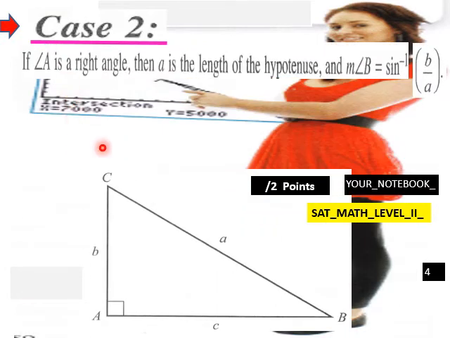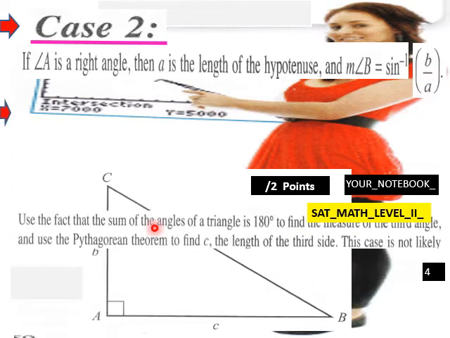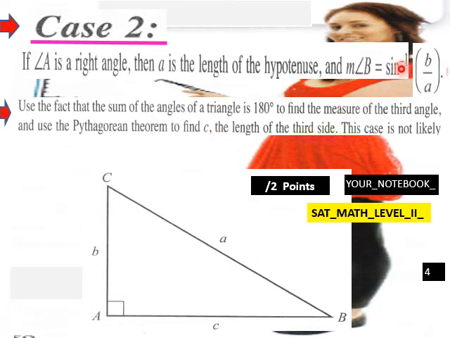Case 2, that was case 1. If angle A is a right angle, then a is the length of the hypotenuse, and the measure of angle B will be the inverse sine of b over a. That's kind of a shortcut there.